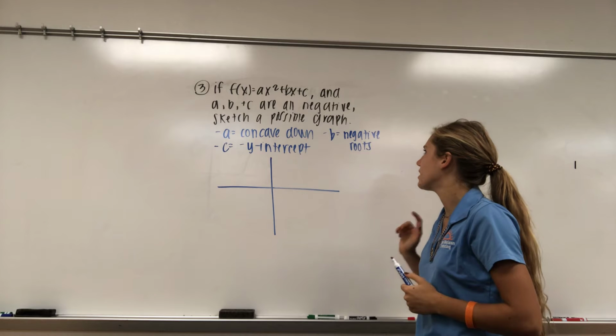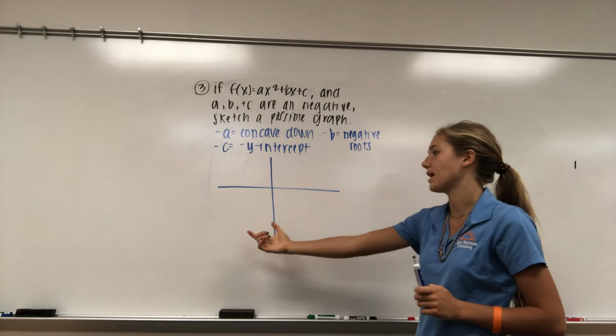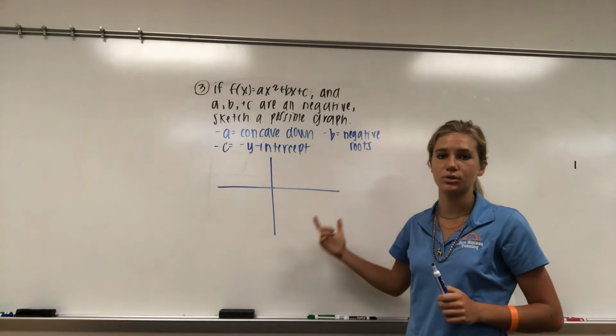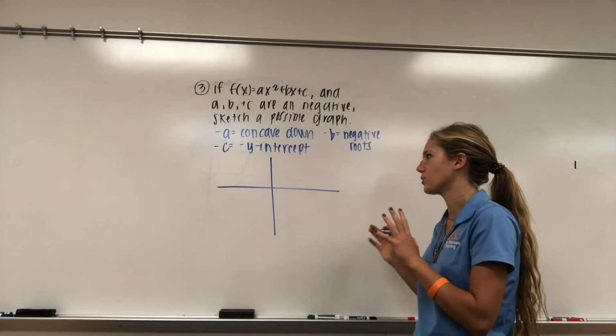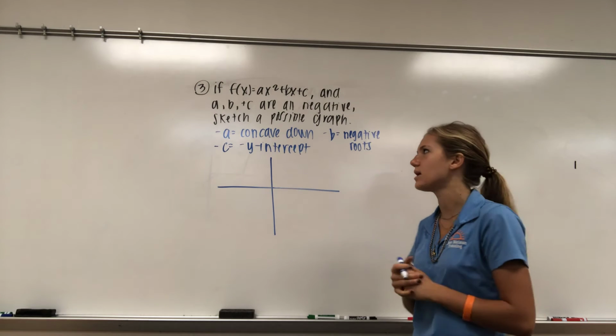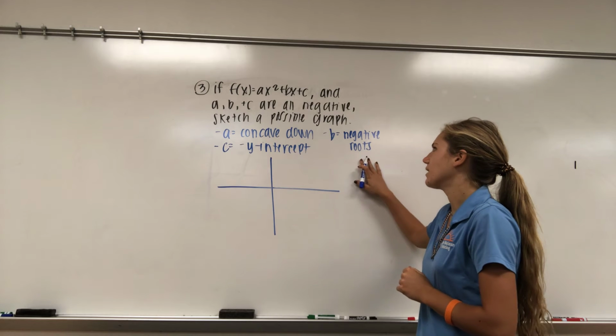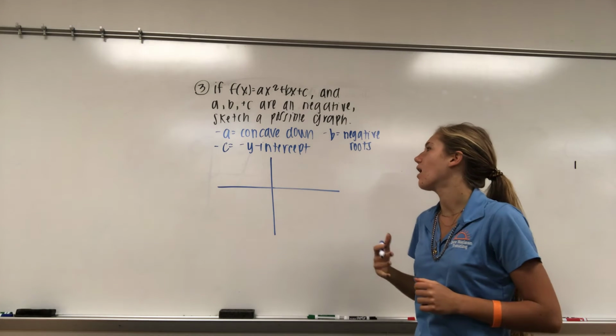So since B is negative in this problem, I know that we're going to have negative roots as opposed to having positive roots on the x-axis. That just deals with where the position of our function is going to be. So yeah, that is the reasoning behind that.